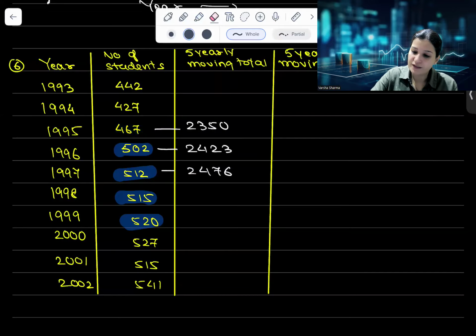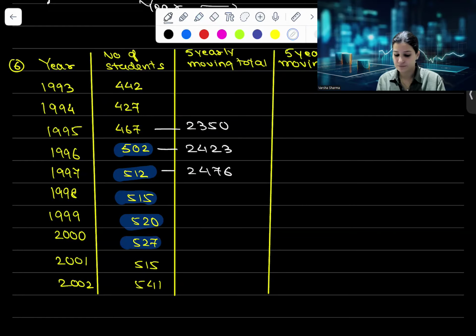Remove 467, add 527. 2501. No. 2576. I don't think so. 2576.